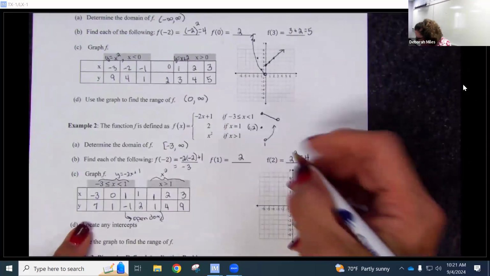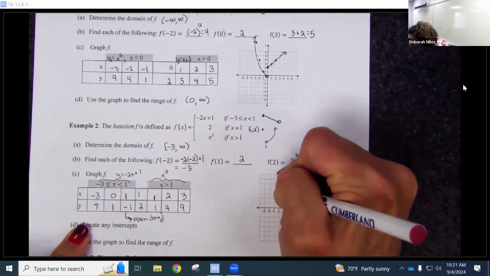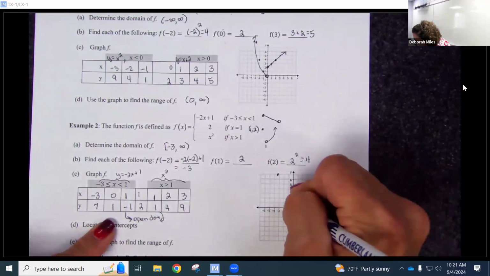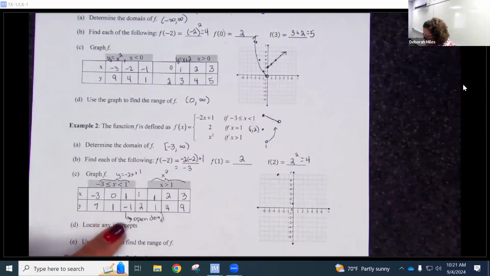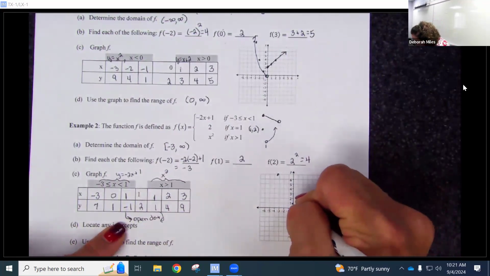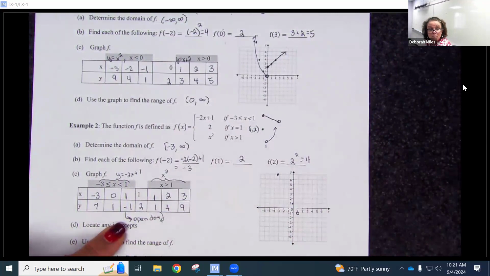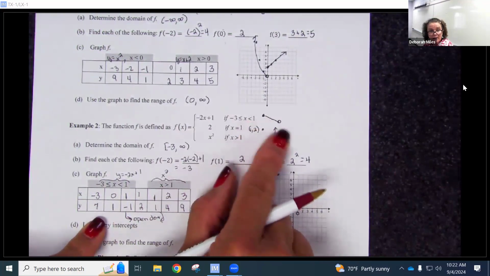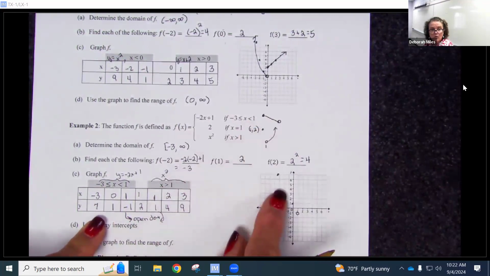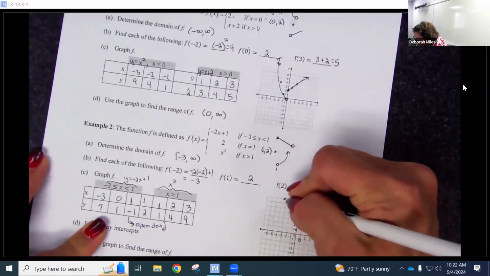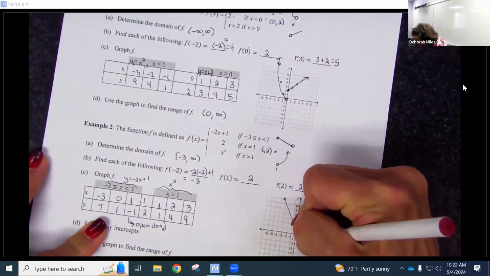So let's plot these points, negative 3, 7, right there, 0, 1, and 1, negative 1 with an open dot on it. And that piece of the graph we already knew was going to be a line that was sloping downhill with a closed dot on the left end and an open dot on the right end. So here's the first piece of this graph.